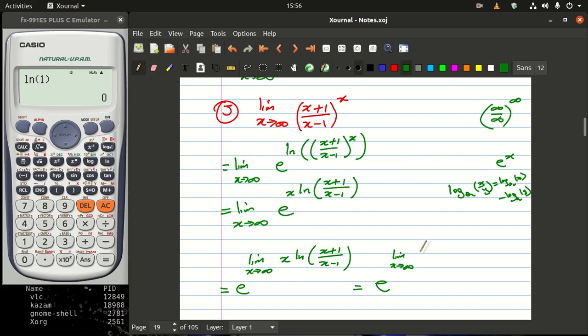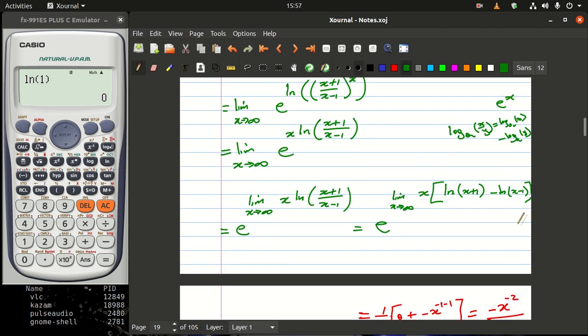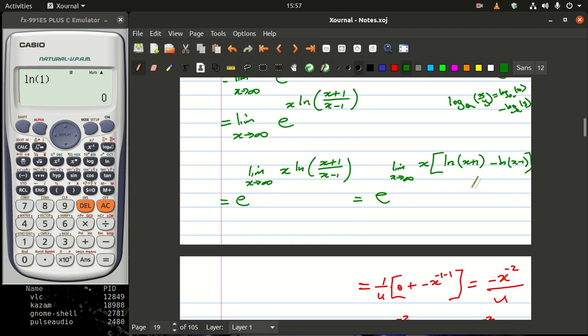And here I will still have x, but this thing I'm going to change to just natural log of (x + 1) minus natural log of (x - 1). Now it looks clear because this one is just infinity, and I know ln of infinity is just infinity, and then here I have infinity over infinity, which is fine. I actually don't have much of a problem because I can deal with this thing first and deal with that second. I'm still going to be sorted.